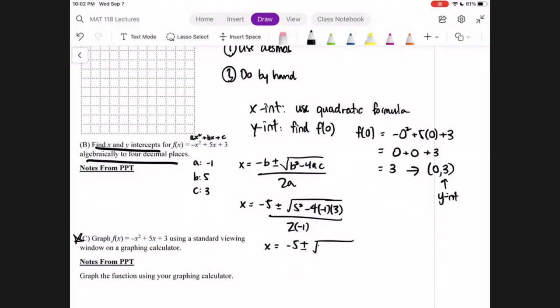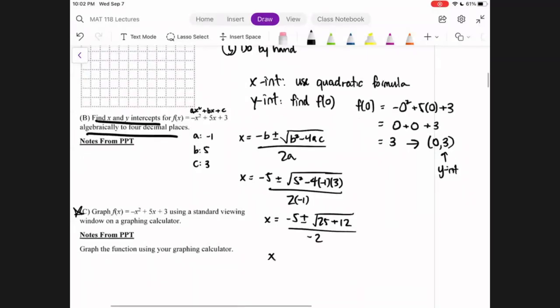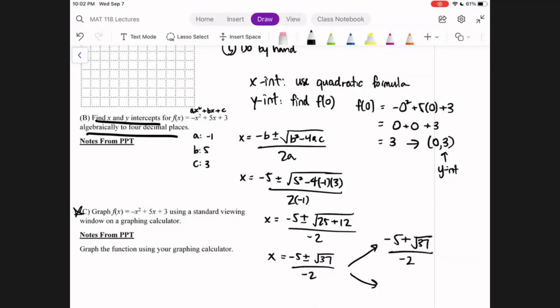So that would be 25, and then that second term will actually be a plus 12. And then all over -2. And then we get x equals -5 plus or minus the square root of 37, over -2. And then you'll get two results here. One with the plus on the top, and then one with the minus on the top.